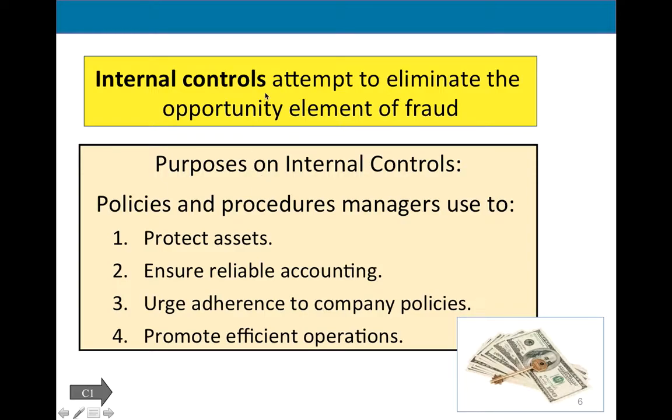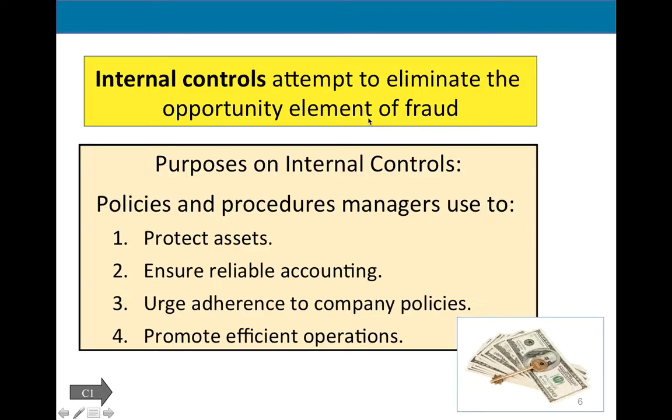So internal controls, all companies have to implement them. And when the auditors come in, well, first of all, you can hire your CPA firm to design internal controls for you. And when the auditors come in, they look at your internal controls and see if they're efficient and effective or not. So internal controls attempt to eliminate the opportunity element of the fraud.